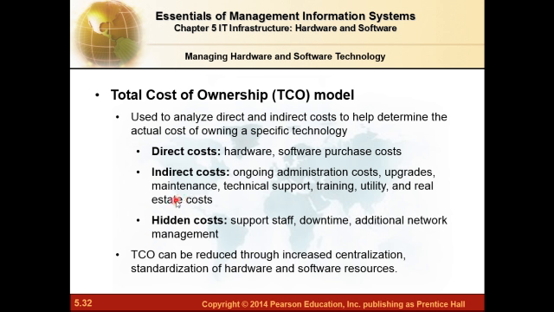The next one, we also have hidden costs actually, like support staff, downtime for the system, and additional network management needs in order to keep the downtime under control. So it involves these three costs. And actually, this TCO can be reduced through increased centralization and standardization of hardware and software resources.